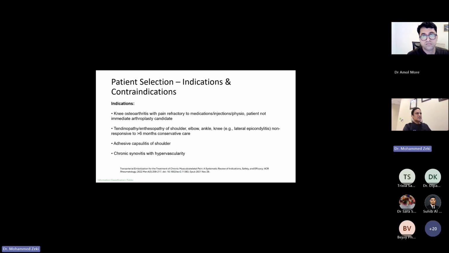So what are the indications? As Dr. Mamour said, the major indication is knee osteoarthritis. Not all patients; we're talking about mild to moderate knee osteoarthritis, in patients who are refractory to medication, injection, or physiotherapy, and the group of patients who are not ready for surgery or are poor candidates for surgery.